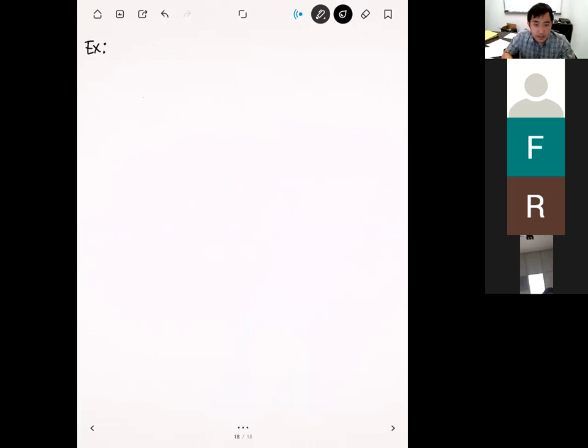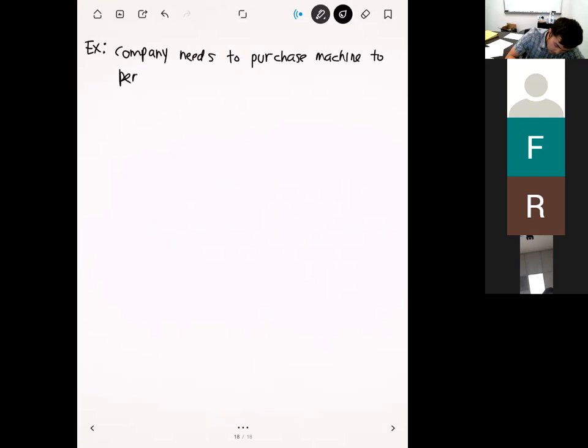In this example, let's say that we have a company that needs to purchase a machine to perform its work. They have two options.